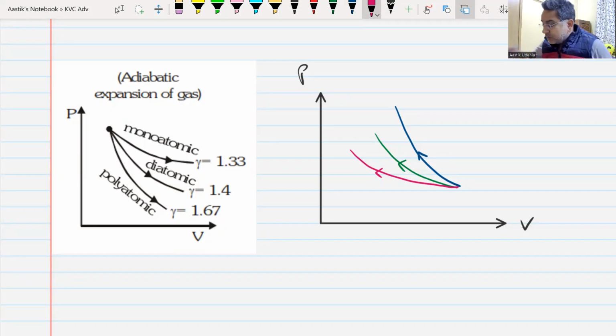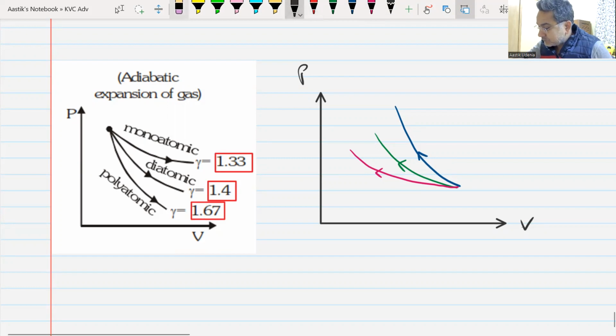The gamma for monatomic gas is 1.33. The gamma for diatomic gas is 1.4, and the gamma for polyatomic gas is written in the reverse order. Sorry, written in the reverse order. The diagram is actually reverse.